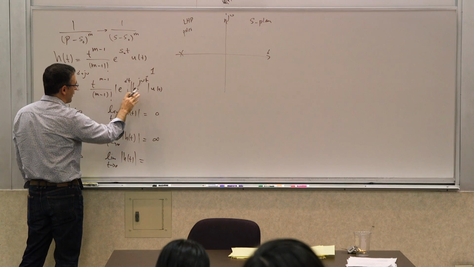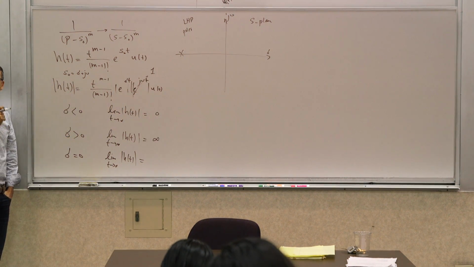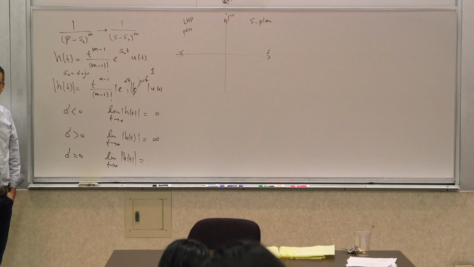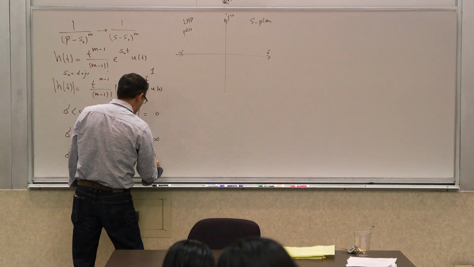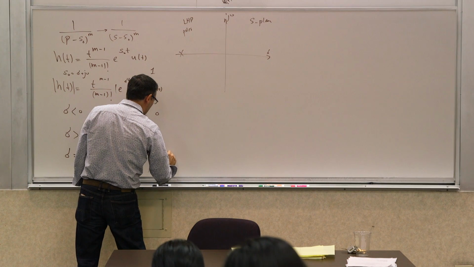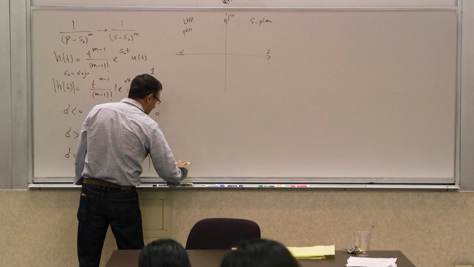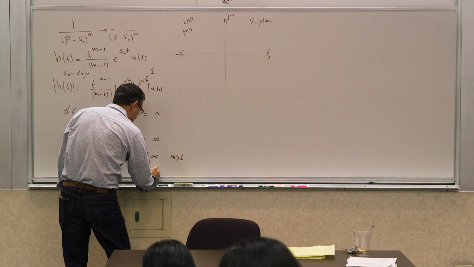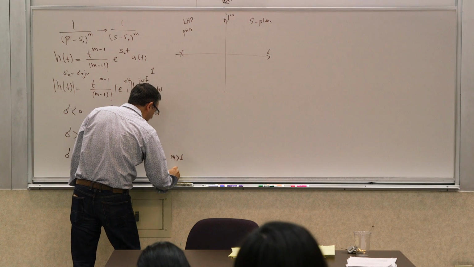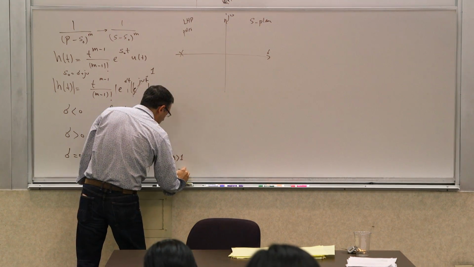So none of this is, so you have u of t, and then you have t to the m minus 1. So is it stable or unstable? Well, it depends on m, right? So this is infinity for m greater than, let's say, greater than 1, and some constant, in this case 1, bless you, for m equals 1.